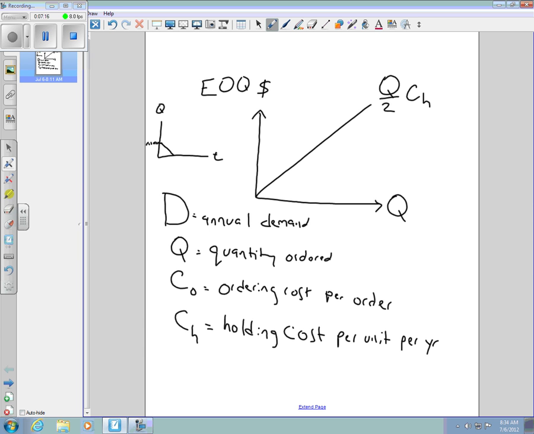And then when I get to 0, I order another 1,000 and then I use that inventory up. So inventory is going down, down, down. I get to 0. I receive another order of 1,000. I use it, use it, use it. And this repeats itself. And on average, I'll have right here 500 units.